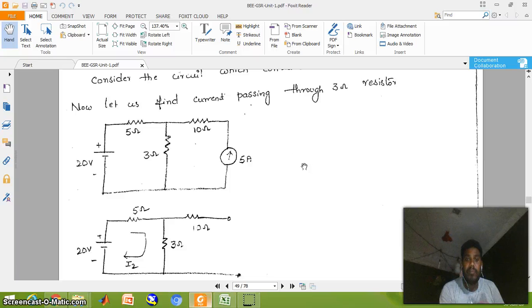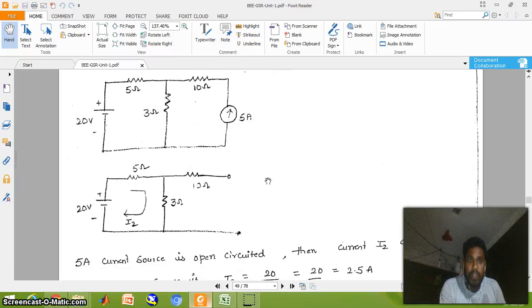Now calculate the current through the 3 ohm resistor. Apply the current division rule for parallel circuits. According to the current division rule, the current through the 3 ohm resistor is equal to I total into the opposite resistance.